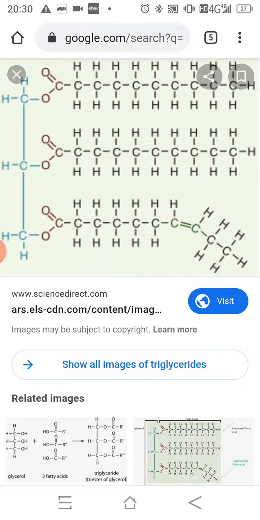So, fats are solids at room temperature and oils are liquids. And there's a couple of reasons for that. Now, I'm hoping you've watched the video about dispersion, London dispersion, van der Waals forces, all the stuff that happens with your non-polar molecules.